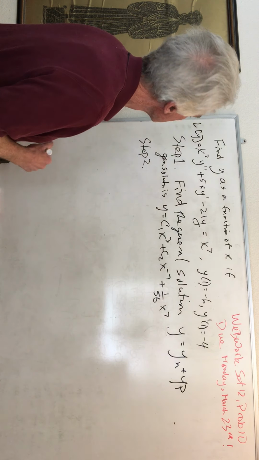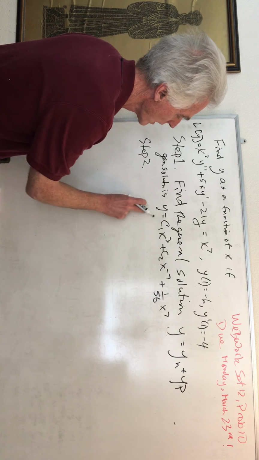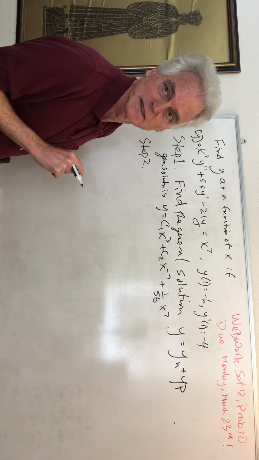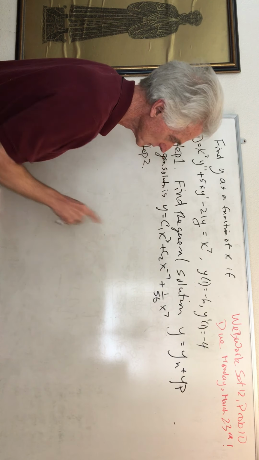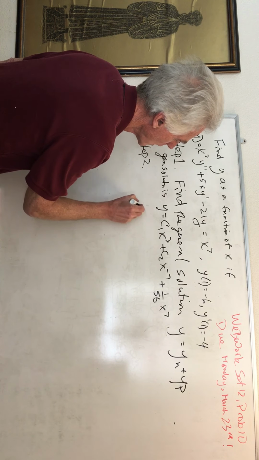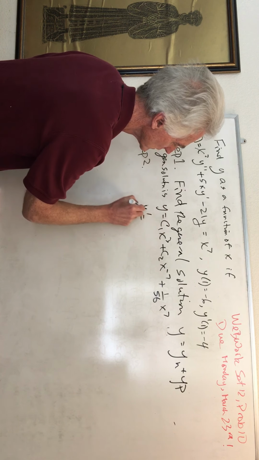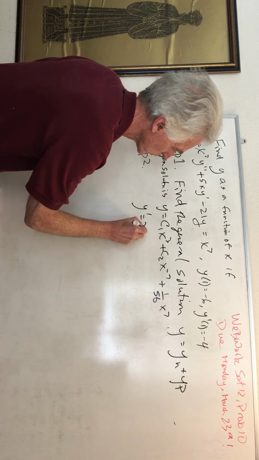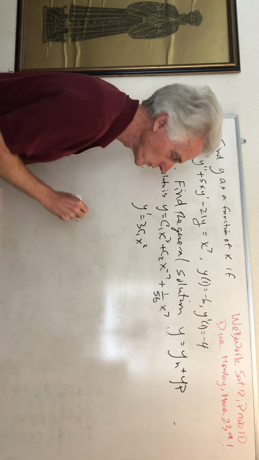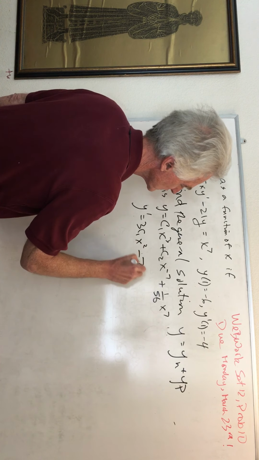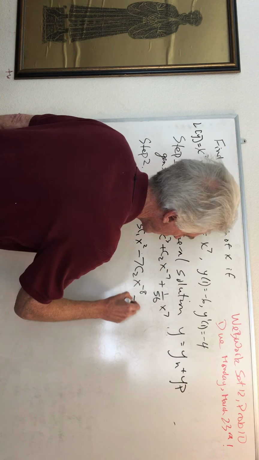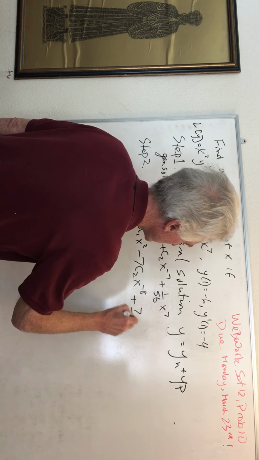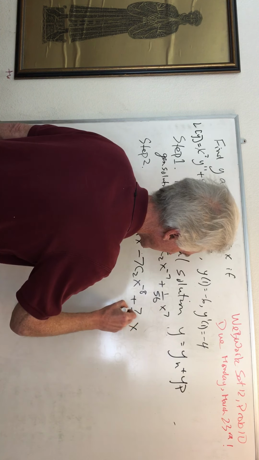All right. So step 2, going to impose these initial conditions and find 2 equations and 2 unknowns, C1 and C2. Let's start with the derivative. Y prime is going to be 3C1 x to the 2nd minus 7C2 x to the minus 8, plus 7 over 56 x to the 6th.